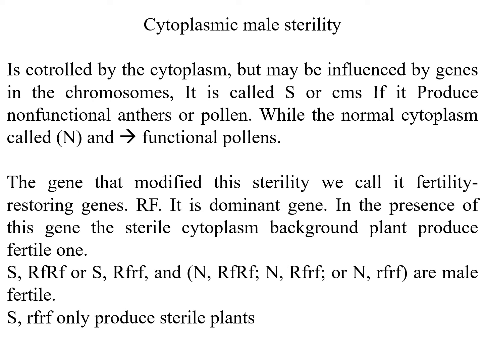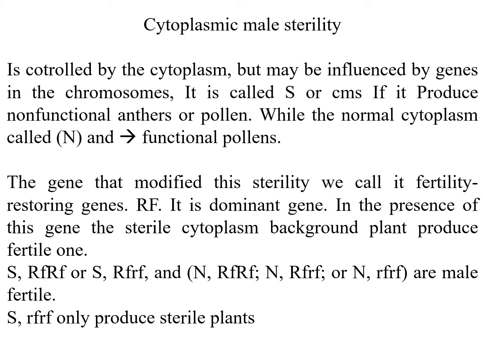It is a dominant gene, and in the presence of these genes, the sterile cytoplasm background produces fertile ones. For example, if we have S cytoplasm with RF capital, or S with RF capital, RF small, it produces male fertile. In the case we have normal cytoplasm, whatever alleles or genes we have, it produces fertile only.